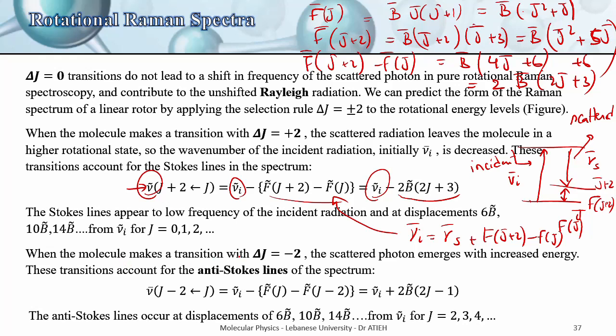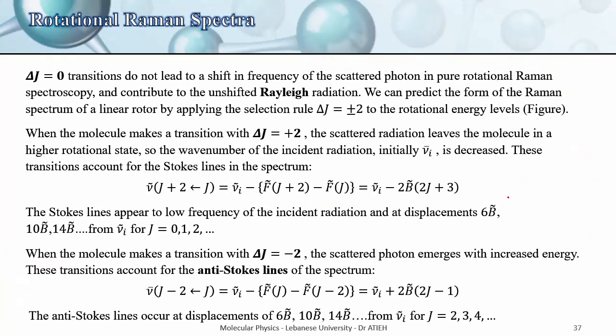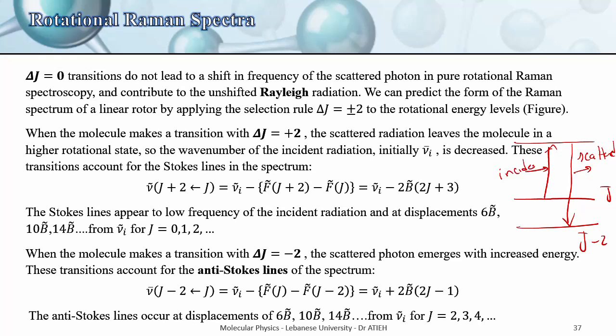Now, when the molecule makes a transition with delta J equals minus 2, it's the same idea as above. The molecule starts from a certain level J, absorbs the incident photon, so it goes up to a certain level, and then it goes back to a lower energy level J minus 2. So in this case, the scattered photon has a higher energy, or shorter wavelength, than the incident photon.